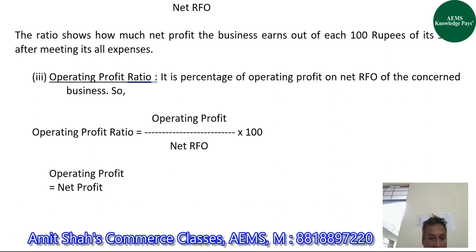We can calculate operating profit starting from net profit by adding to it non-operating expenses. And there is only one non-operating expense that you will come across in questions, that is interest on borrowings.